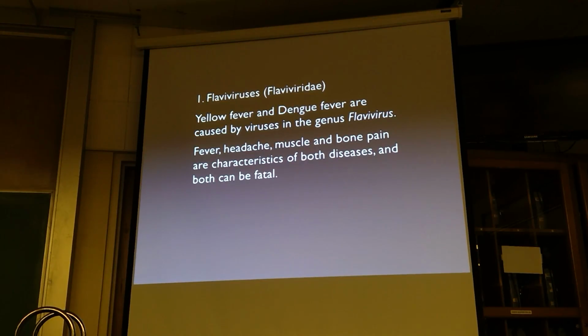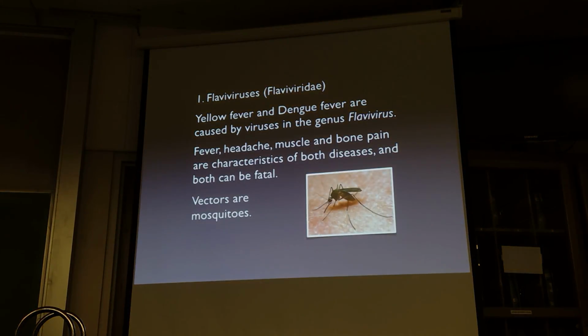Dengue fever and yellow fever typically cause headache, fever, muscle pain, bone pain, but sometimes these are hemorrhagic viruses, and so they can cause internal hemorrhaging, which is potentially lethal. Again, their vectors are mosquitoes, not Culex. The mosquito that is the vector for the yellow fever virus and the dengue fever virus, I think it's Aedes aegypti.